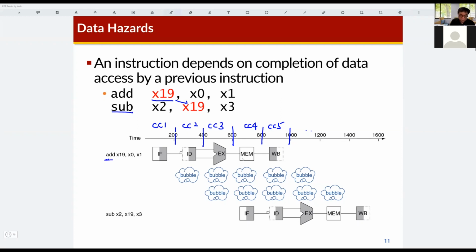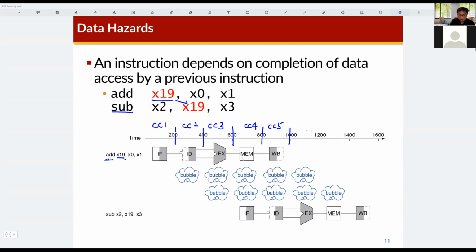For this add instruction, as you can see, the add instruction needs to write data to X19 at the write back stage. So let's see how this add instruction is executed.